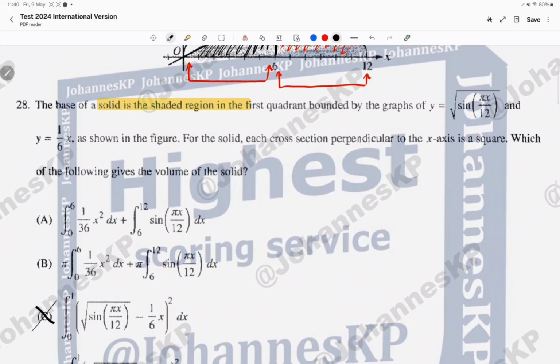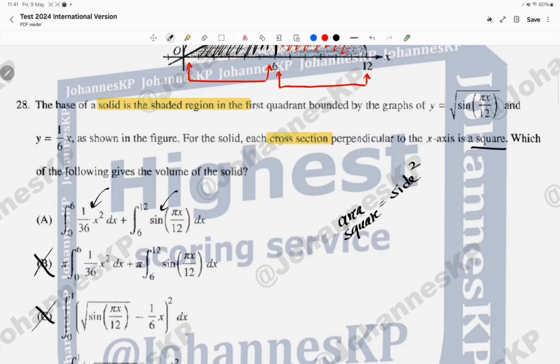Now, whenever they say the cross section, that means you don't put pi on the outside. You don't. So B is out. A. But how do we get these things? It's a square. So what's the area of a square?